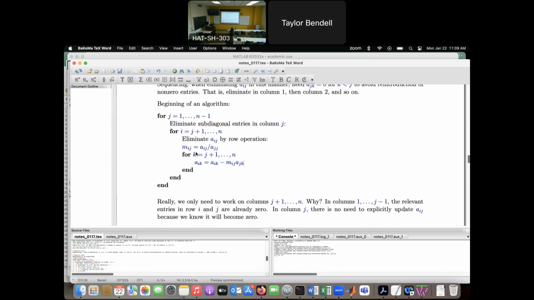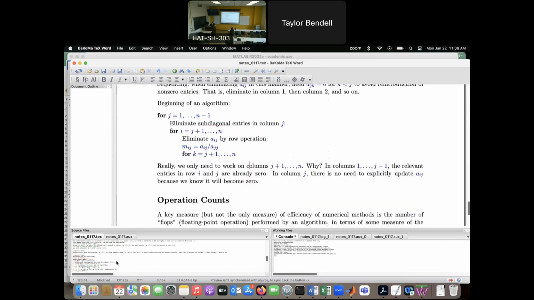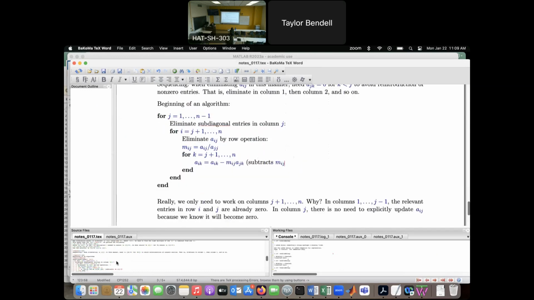So what I'm doing is, I'm coming up with my multiplier, I'm subtracting a multiplier times row J. So I'll make a note of that here: multiplier times row J from row I.